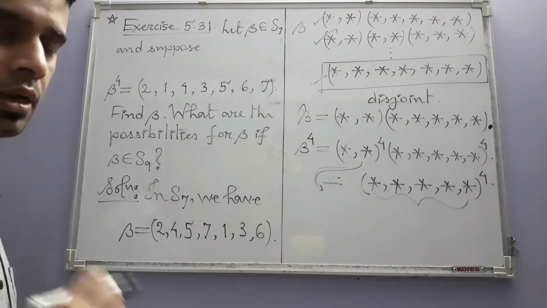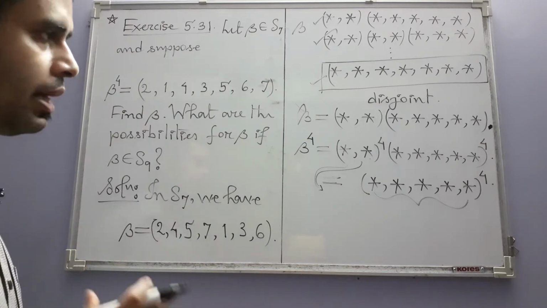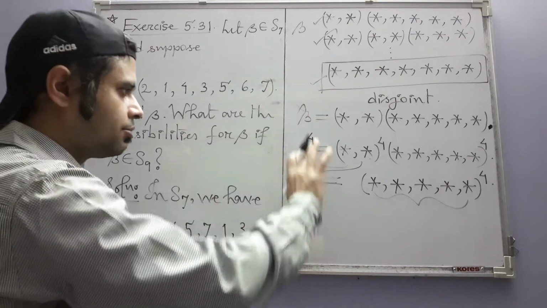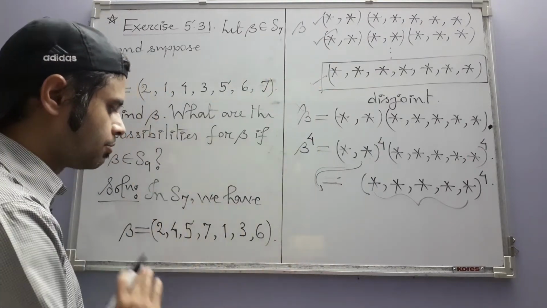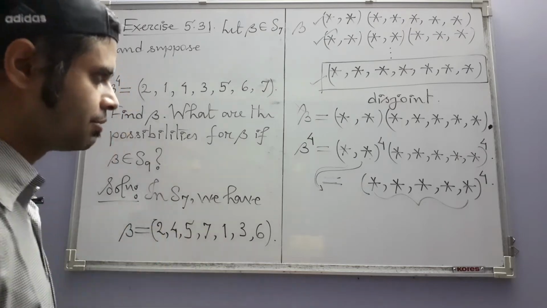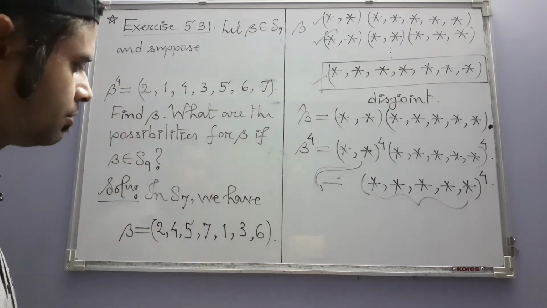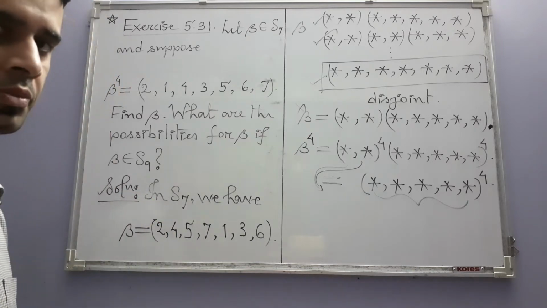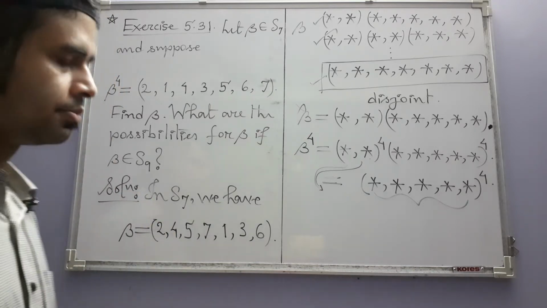So that will tell you that beta in fact has to be a 7 cycle. Okay, so after arguing this much, you now know that whatever beta is, it has to be a 7 cycle, and now we have to understand why beta is only this 7 cycle. Okay, so let us now go to that.